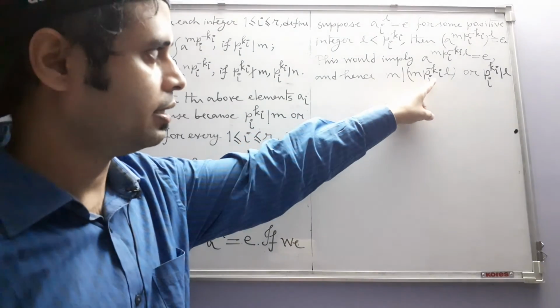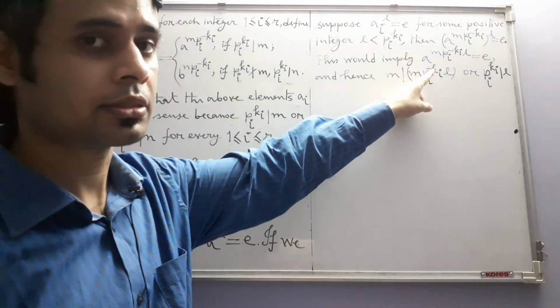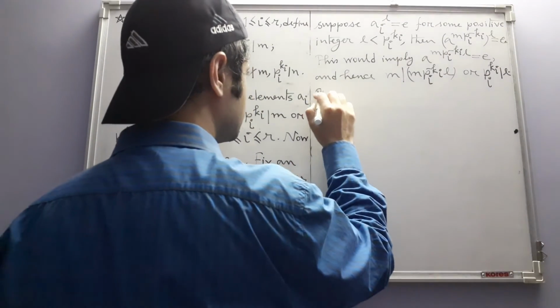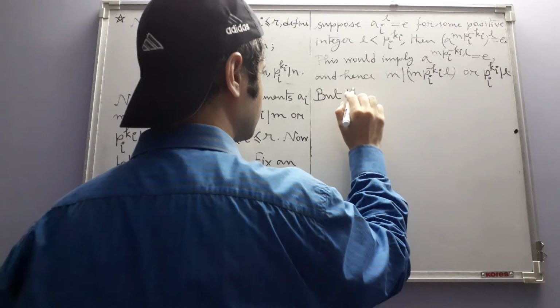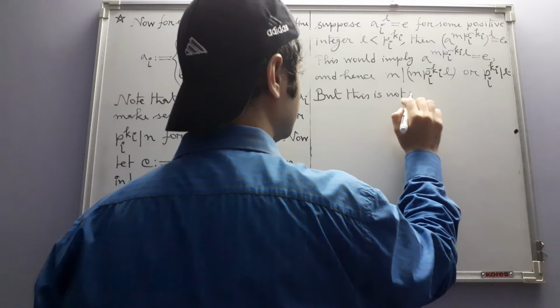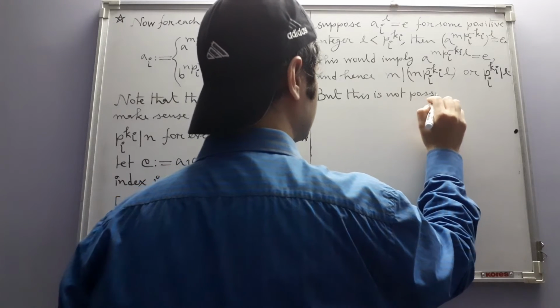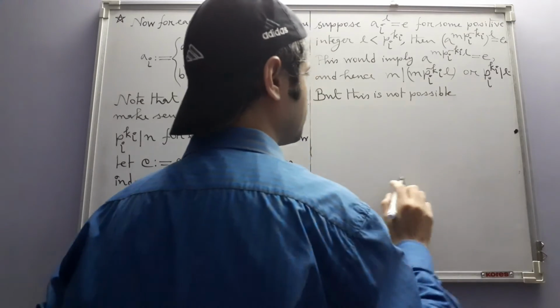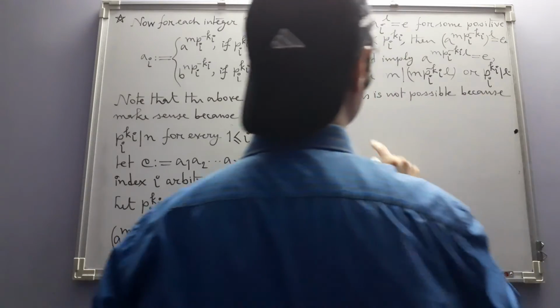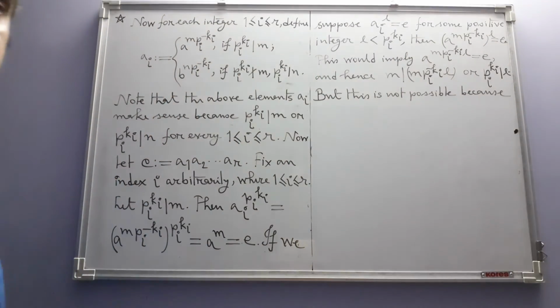Note carefully that here we have p_i to the power minus k_i, but this is not possible, because l is less than p_i to the power k_i, so it cannot divide l.